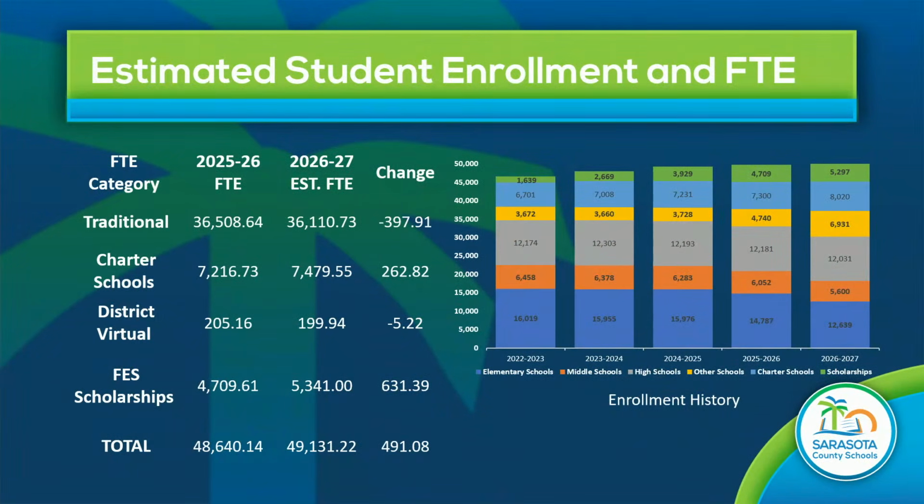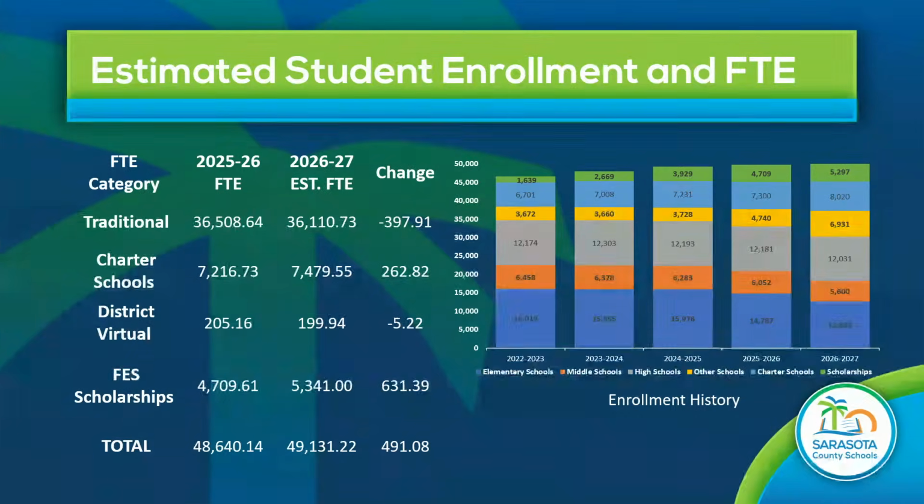So the next slide that you see here is an estimated enrollment in FTE for comparison to the current school year and estimated for next year. You can see in our traditional, that is our district managed schools, which we have oversight of, we are projecting almost 400 students in decline from last year.